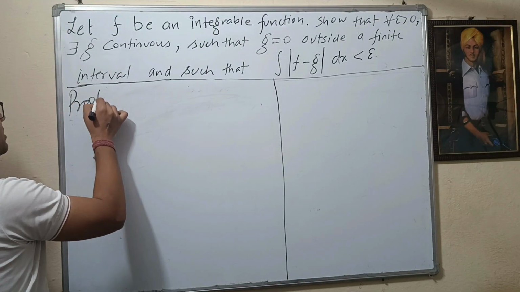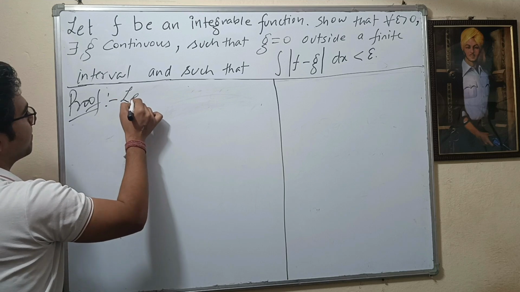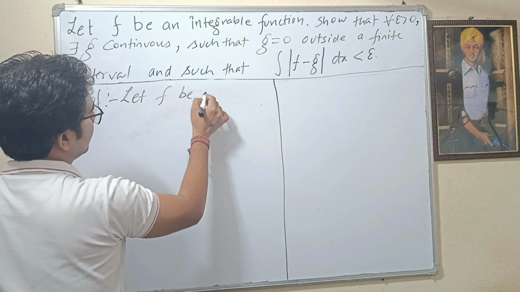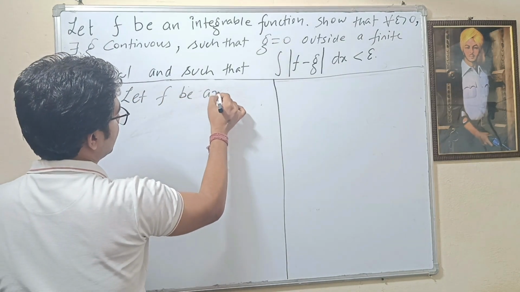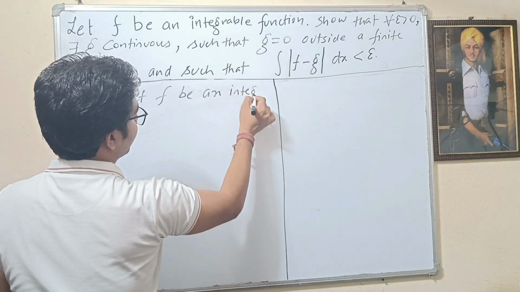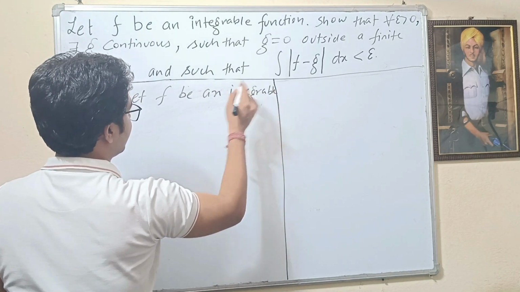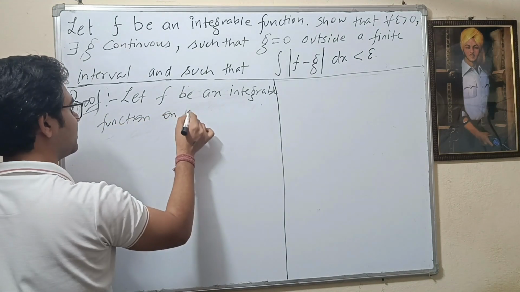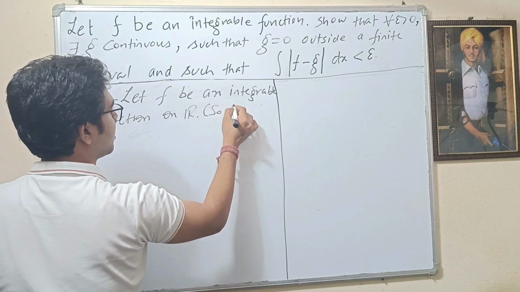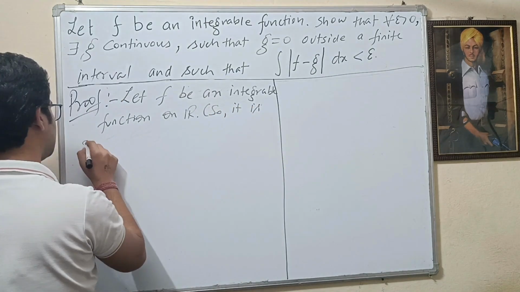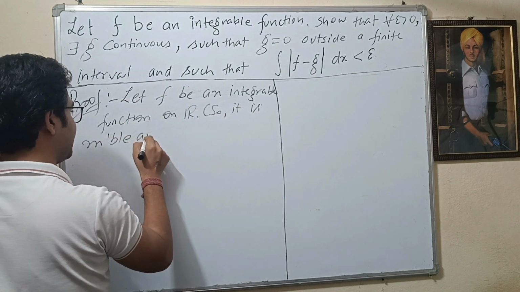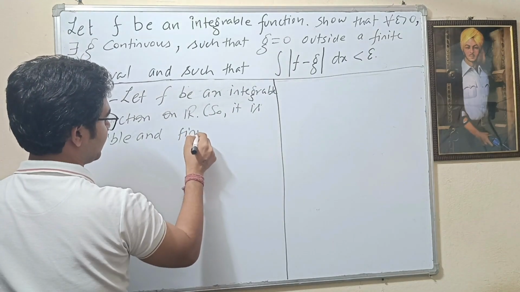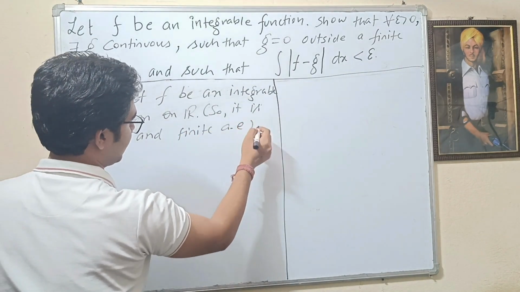The proof will be: let f be an integrable function on R. So it is measurable and finite almost everywhere.